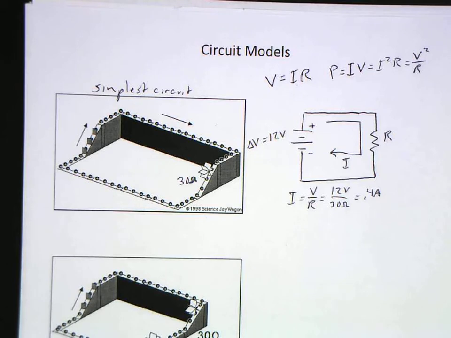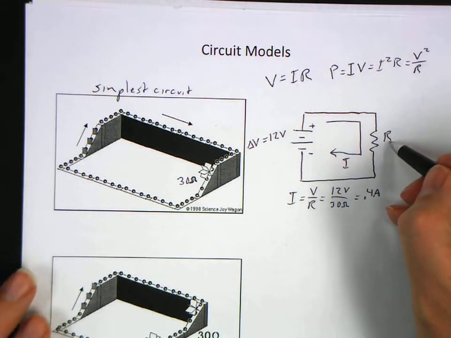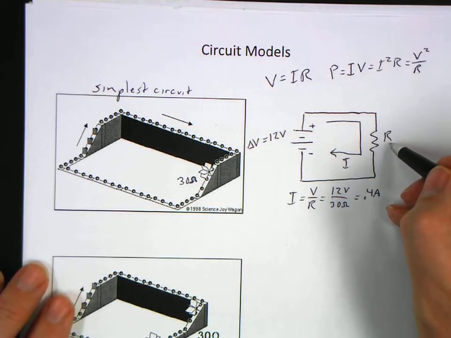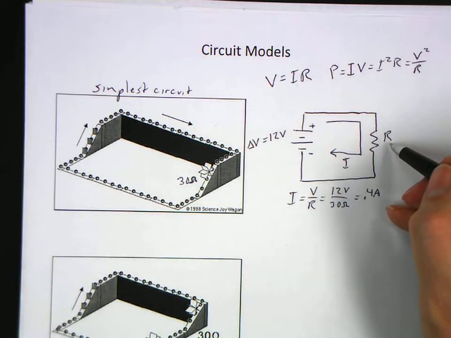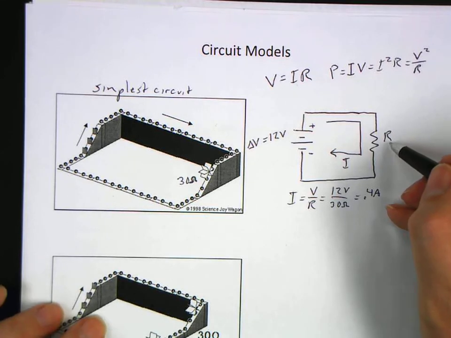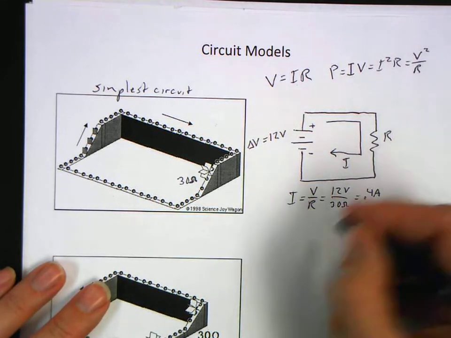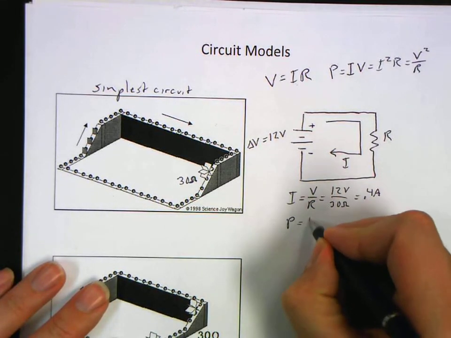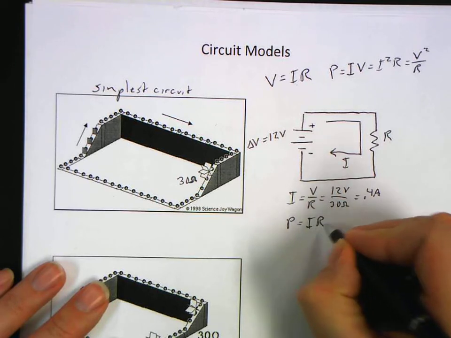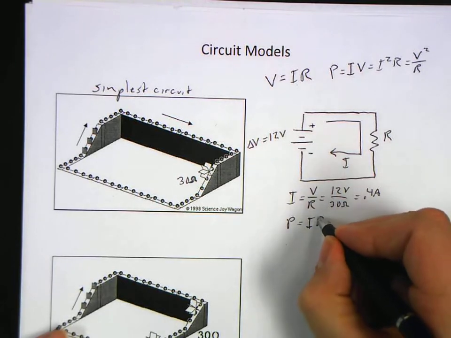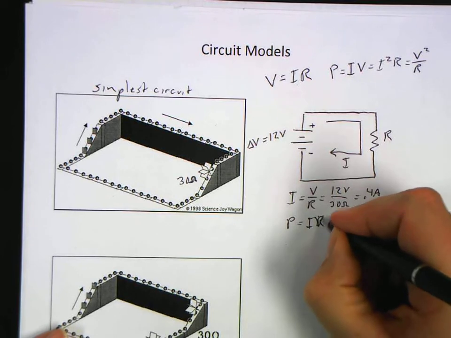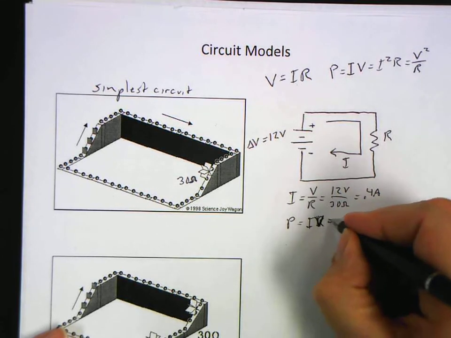If we were interested in figuring out how much energy is dissipated by this bulb per second, basically how many watts this resistor is pulling, then our power in that case would be that singular value of current times the voltage, not times the resistance.